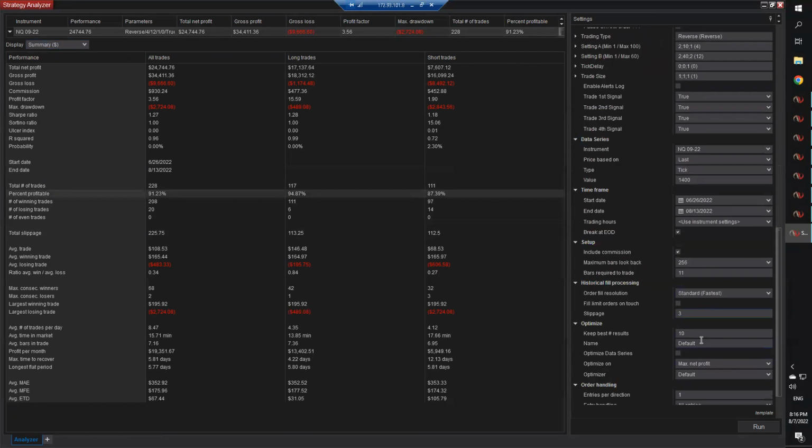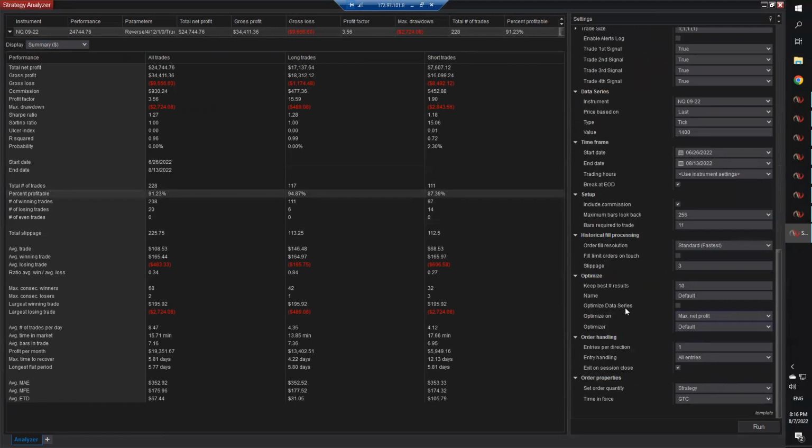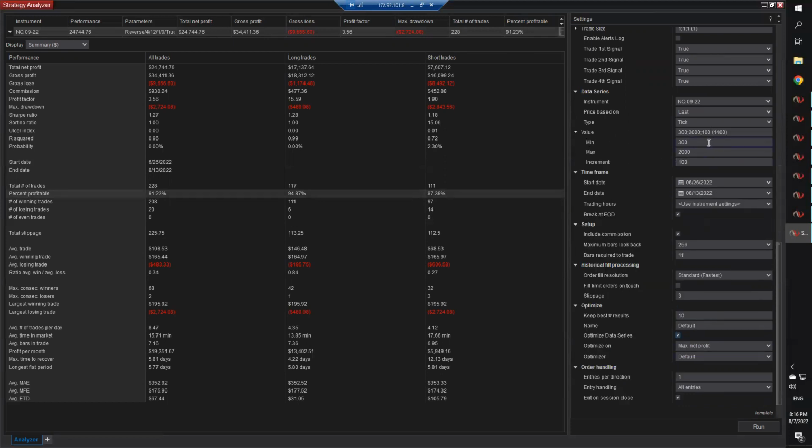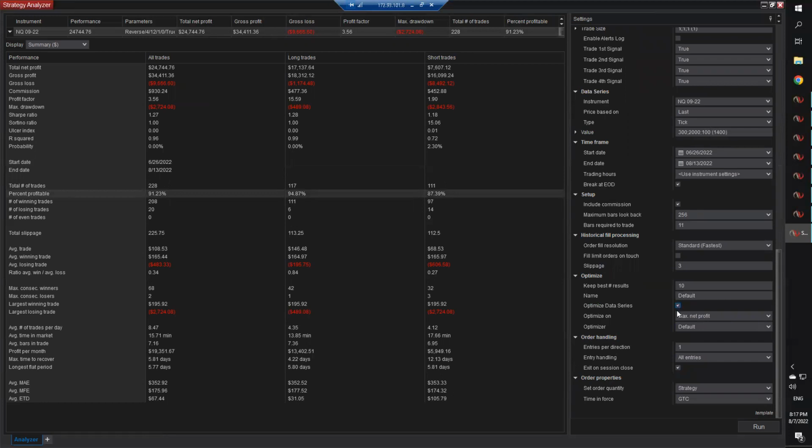Initially, what I did is I selected optimized data series. I optimized the data series between 1,000 and 4,000 in increments of 100. It came up that in that whole period, the 1,400 tick chart was the most successful.